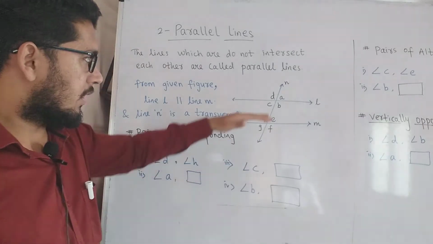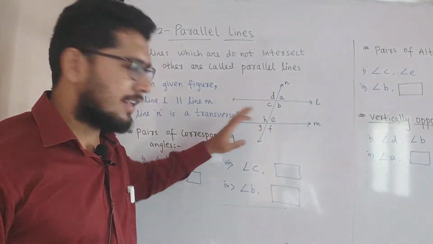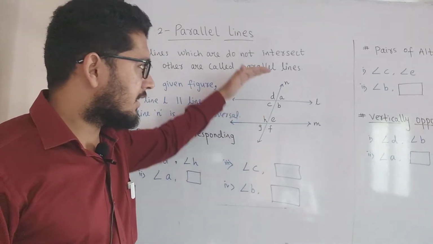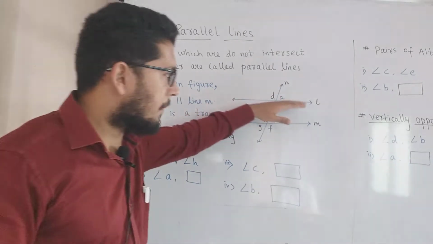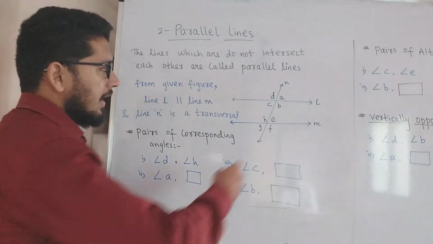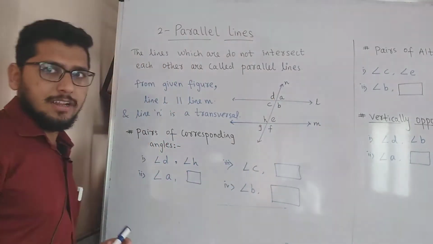Yes or no? Line L is parallel with line M, and line N is a transversal. A transversal is a line which intersects the parallel lines. जो भी एक न्यू थर्ड लाइन रहेंगी जो पैरेलल लाइन को इंटरसेक्ट करेगा उसको बोलेंगे ट्रांसवर्सल. So here line L and line M are parallel lines and line N is a transversal.